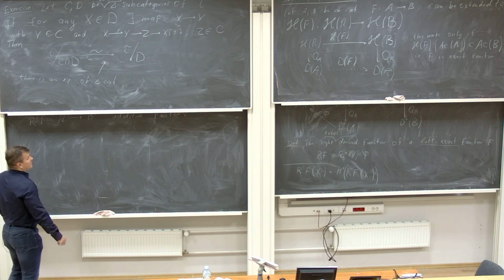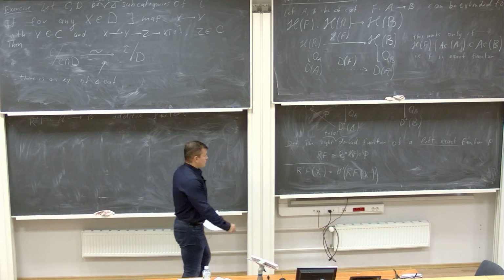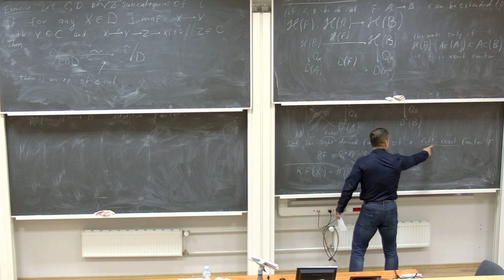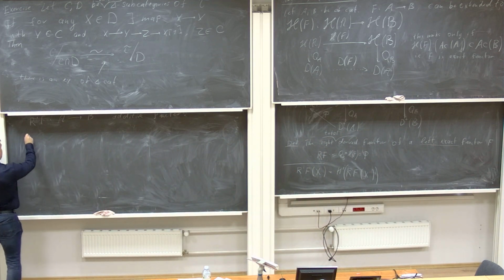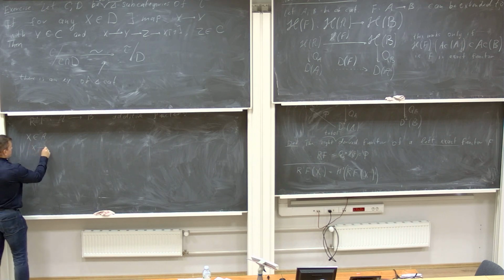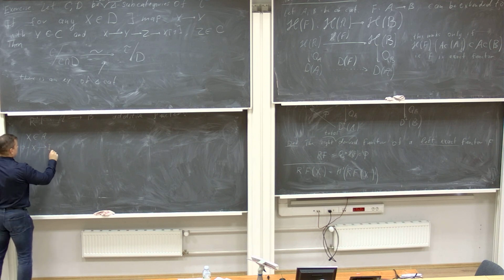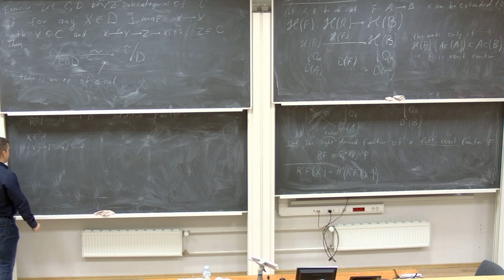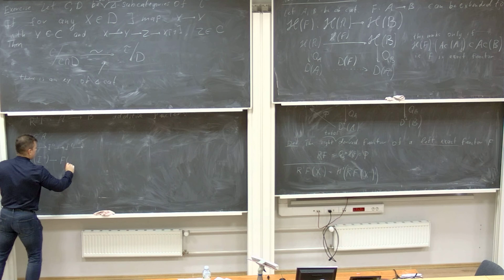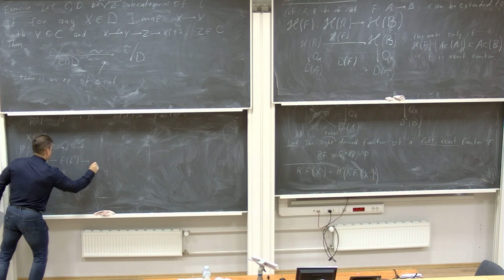Now, why do I want to assume that my functor is left exact? Well, if I take X without a bullet, so I assume that X is just an object in A, how am I supposed to compute the derived functors? I need to take this X and replace it with an injective resolution. Then I apply f to this injective resolution and take the cohomology.